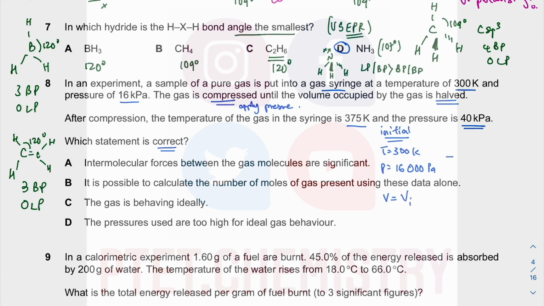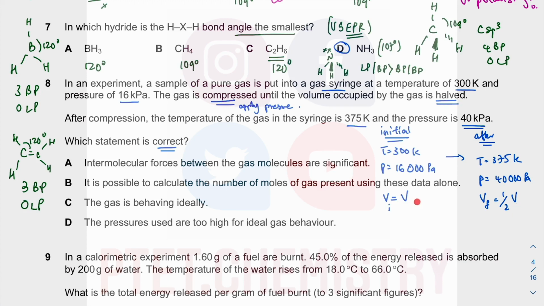And then they say after, the temperature is 375 Kelvin, the pressure is now 40,000 Pascal, and the volume final is equal to half the volume initial. So they don't tell us. Okay, maybe I just say initial volume is V, then the final volume is half V.